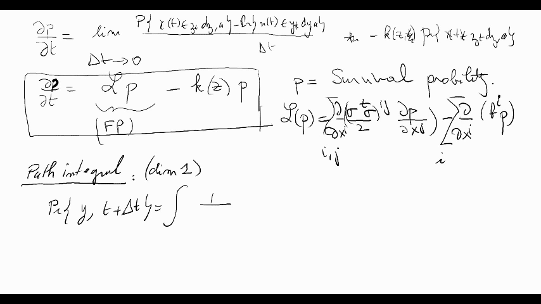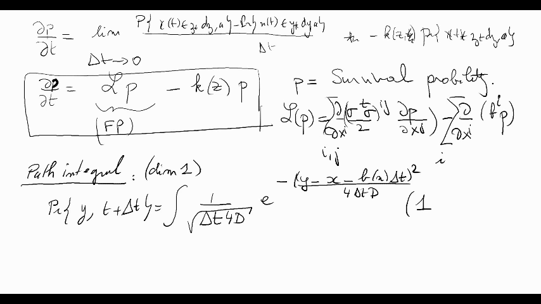This is the infinitesimal operator, I mean the propagator, for delta t: exponential of minus the switch from x to y minus b of x delta t, squared, divided by 4 delta t d, now multiplied by the survival probability, which is 1 minus k of x multiplied by delta t, multiplied by p of x at time t, and this has to be integrated over all dx.